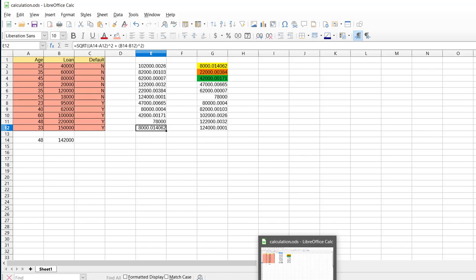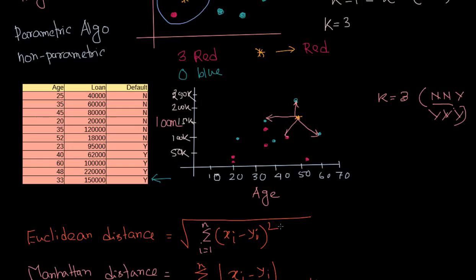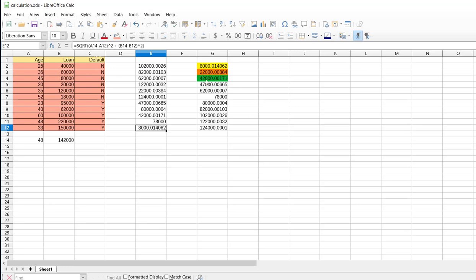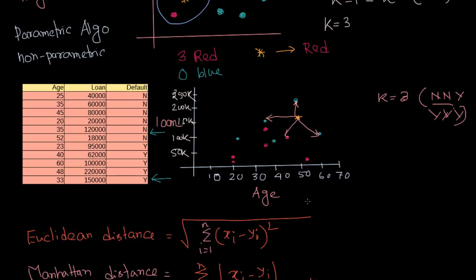That is our second nearest point, correct? Our third nearest point is 42,000, that means 60, 100k. So these three points are our nearest points, right?